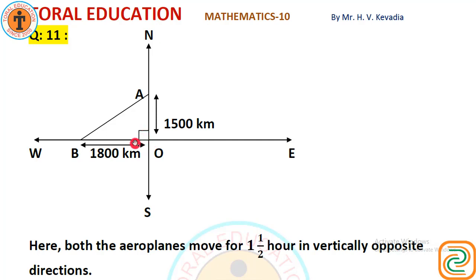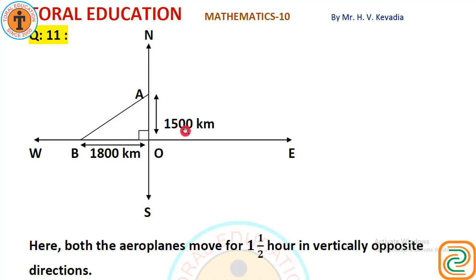This aeroplane and this aeroplane, both fly in different directions. This is the west direction, this is the north direction. The speed of the north direction aeroplane is 1000 km per hour and that of the west direction aeroplane is 1200. How far apart will the two planes be after 1.5 hours?